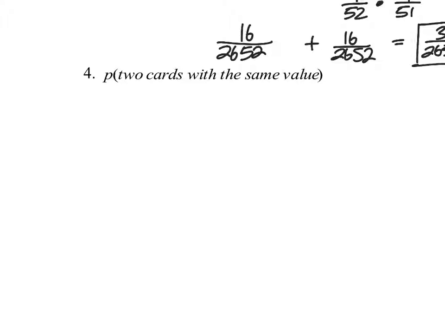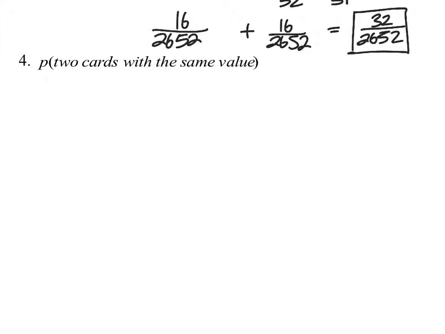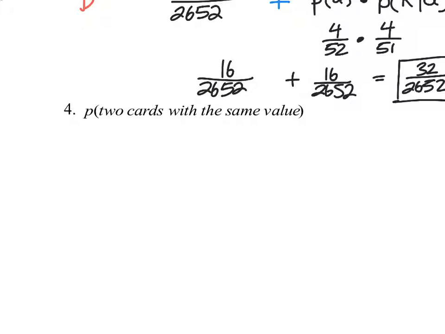All right. 2 cards of the same value. So that would be 2 and 2, or 3 and 3, or 4 and 4, or, and so on, all the way up to ace and ace.